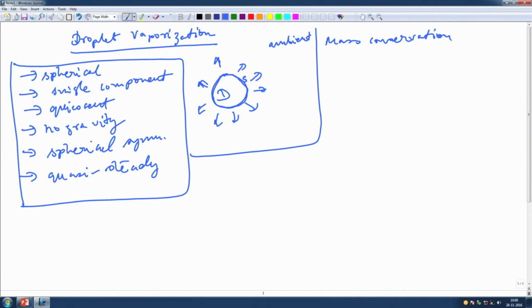The mass conservation is basically how the droplet is losing its mass, as simple as that. So, it is d/dt of 4/3 pi rho_L R_s cubed equal to minus m dot. It is the reduction in mass of the droplet happening over time, and this is the mass that is leaving the droplet.